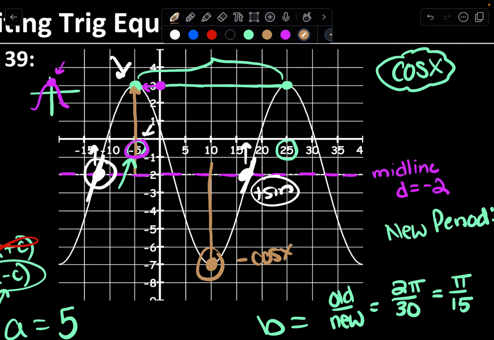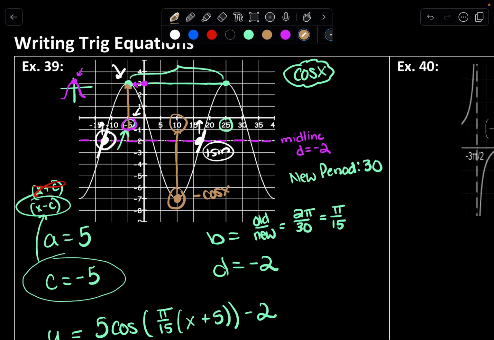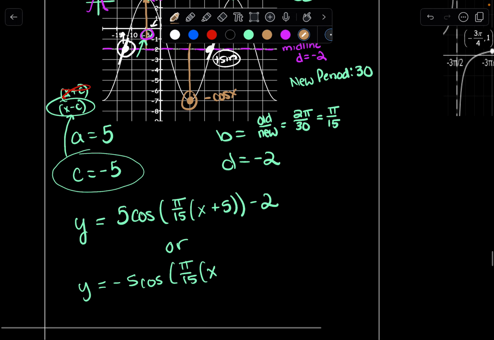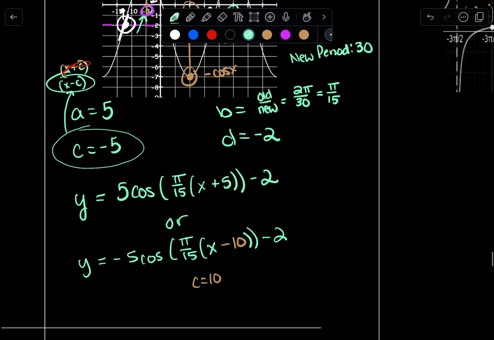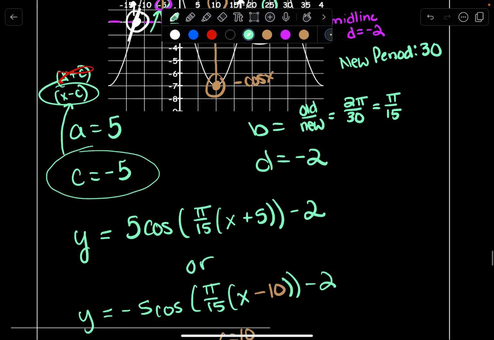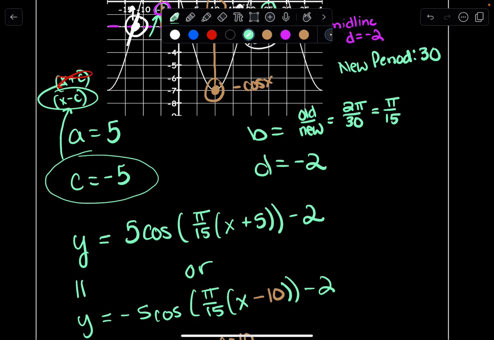And I see that it is at positive 10. So that means my c value would be positive 10, which means in my function rule, it would be minus 10.